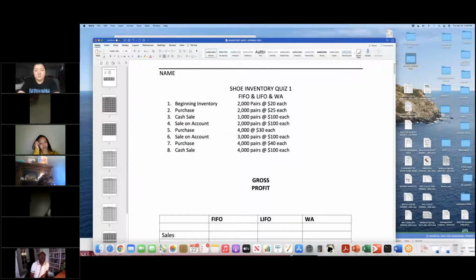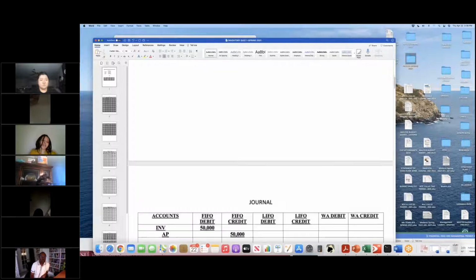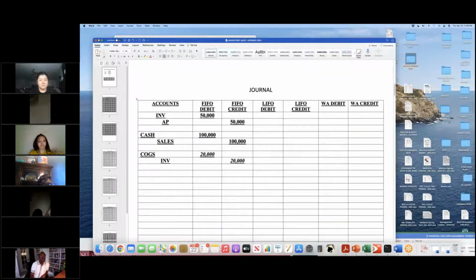Now we have another sale of what? 2,000 at 100. So we've got to make these same two transactions again. So I can copy them and put them here.